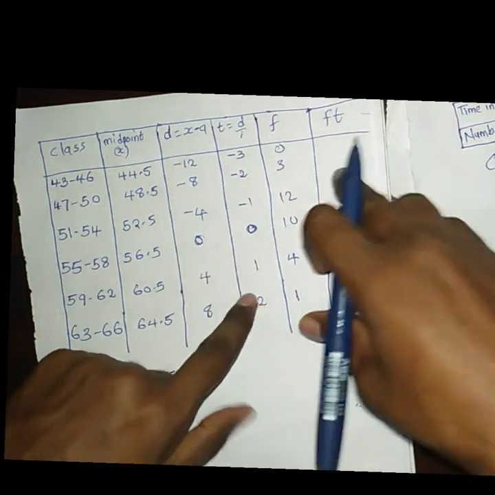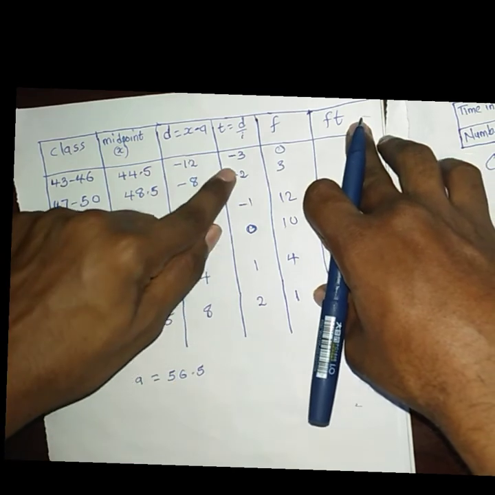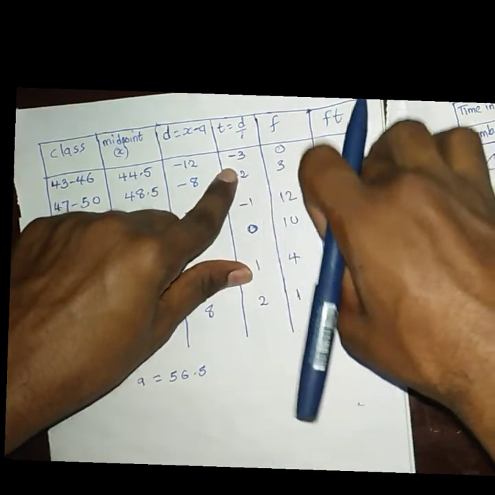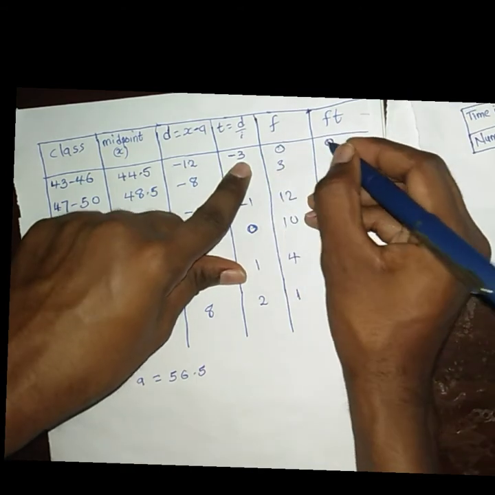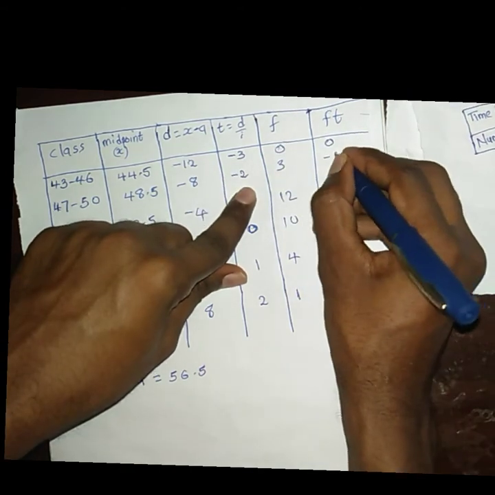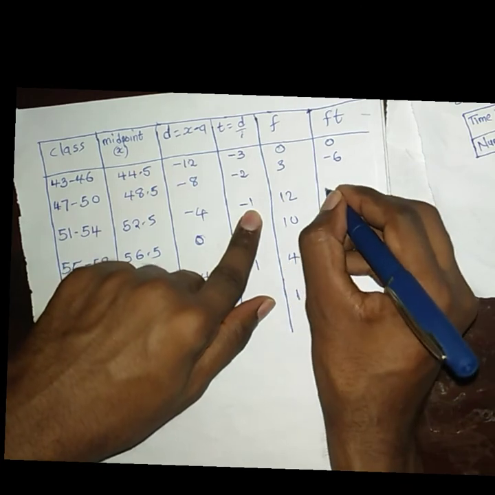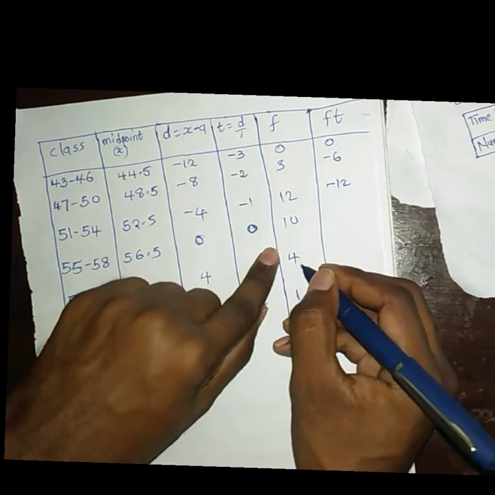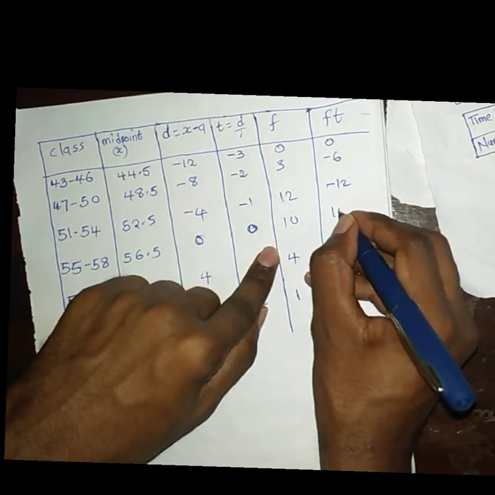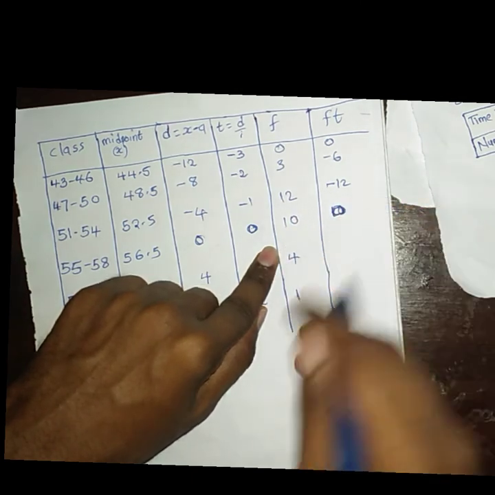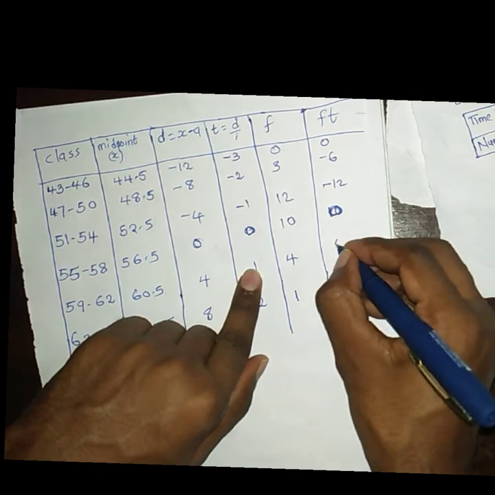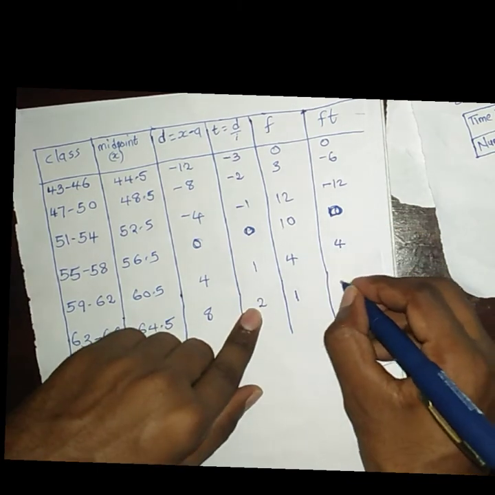The last column is ft. We just multiply t and f to get the values of this column. So -3 times 0, we get 0. -2 times 3, -6. -1 times 12, -12. 0 times 10, 0. 1 times 4 is 4. 2 times 1 is 2.